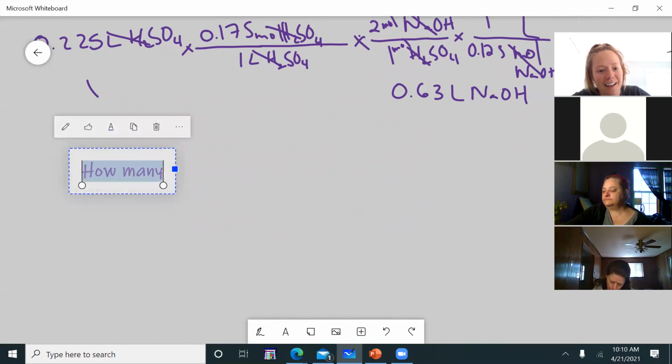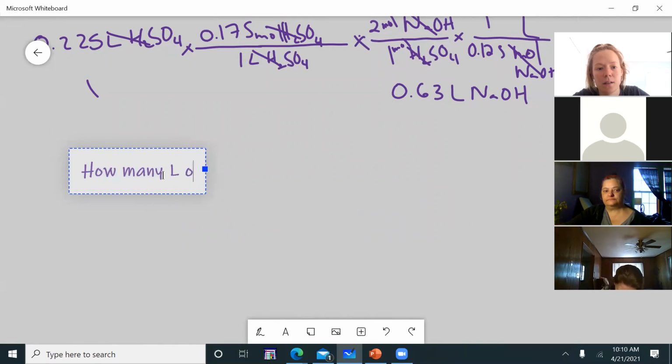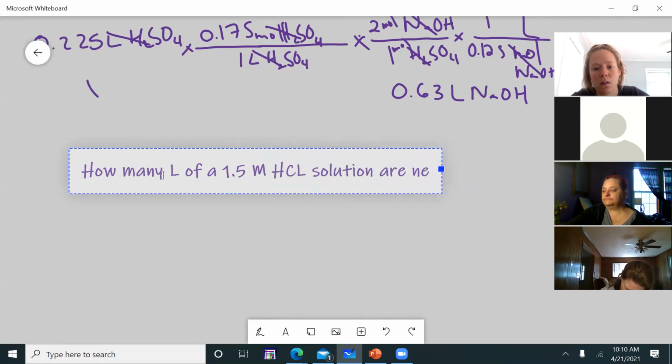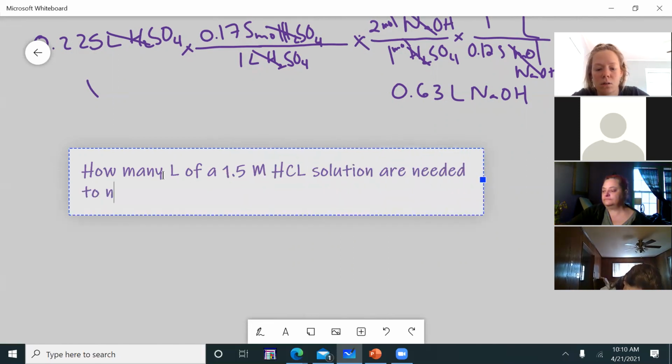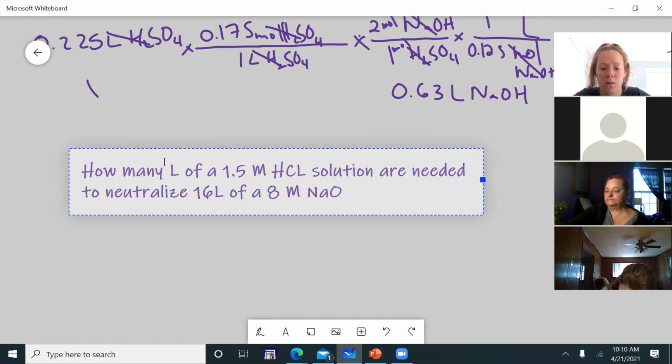How many liters of a 1.5 molar HCl solution are needed to neutralize 16 liters of an 8.0 molar NaOH solution?